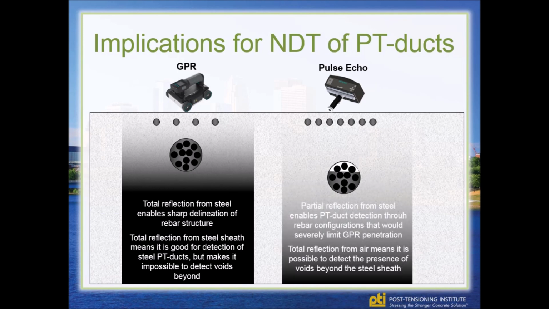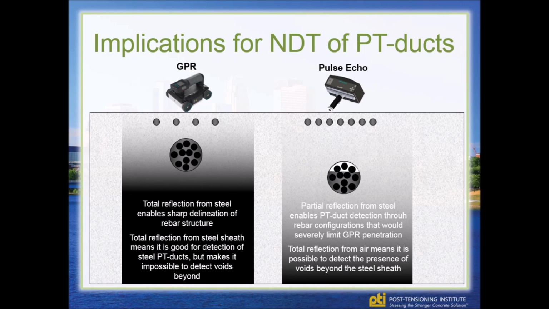With pulse echo, it's different. We get a partial reflection from the PT duct. It means also we can see through steel, so if you have denser rebar structures, you can still see through to the sheets. Also, pulse echo has a greater penetration range. With GPR, you're talking down to about 50, 60 centimeters.